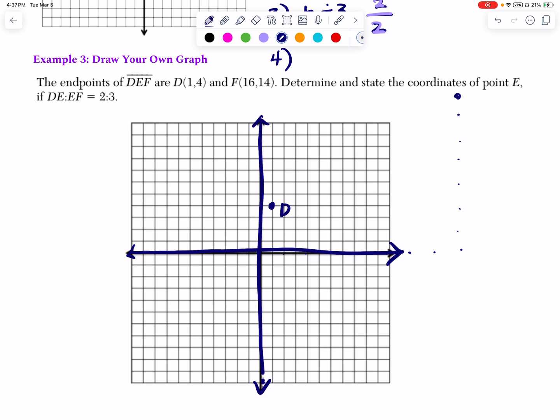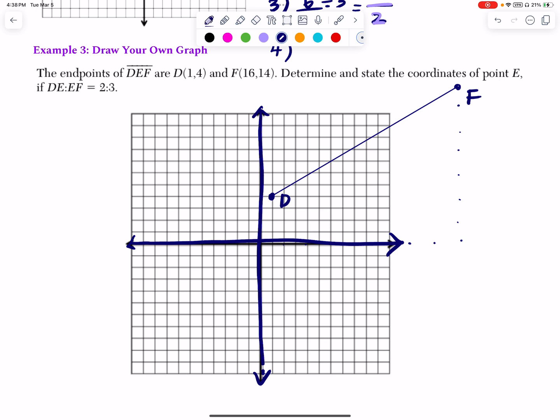So it should be over here. And this is F. State the coordinates of point E. So it's in between D and F with the ratio of 2 to 3.